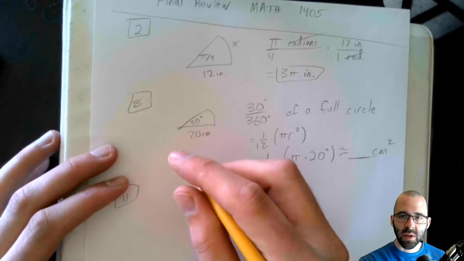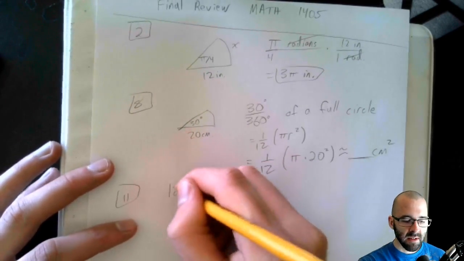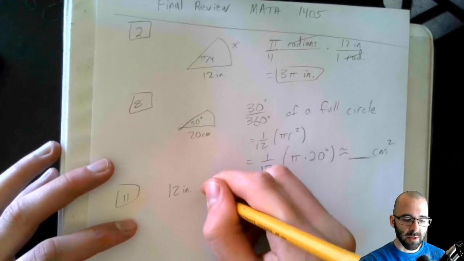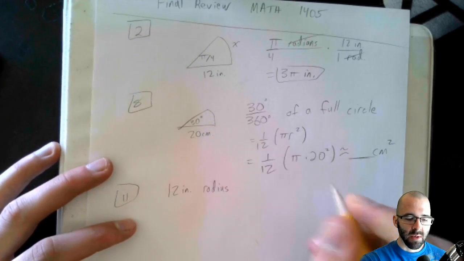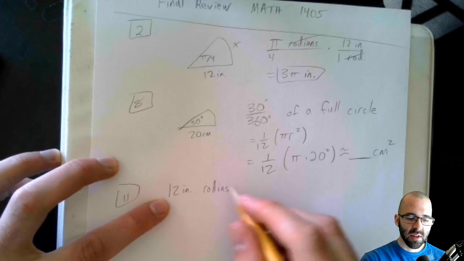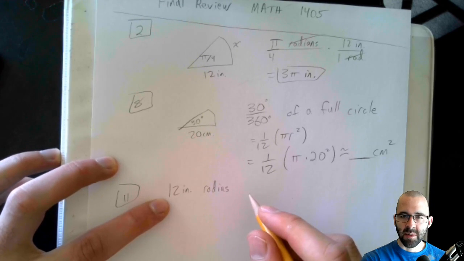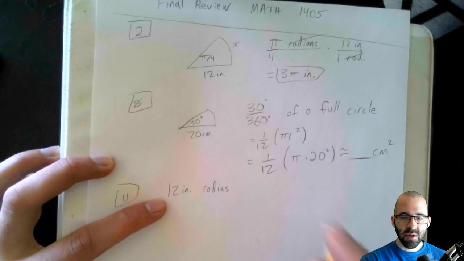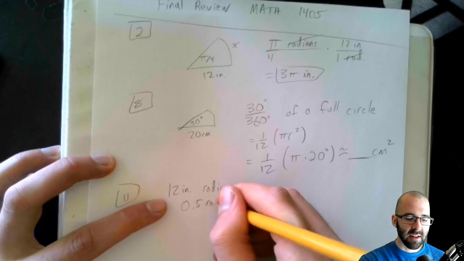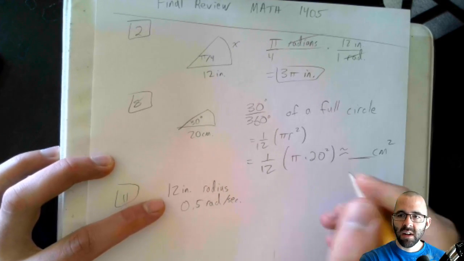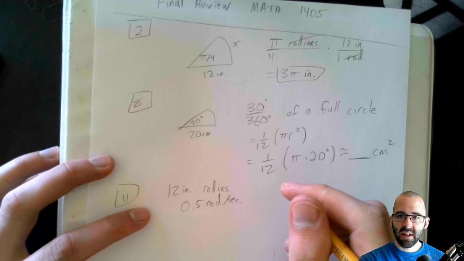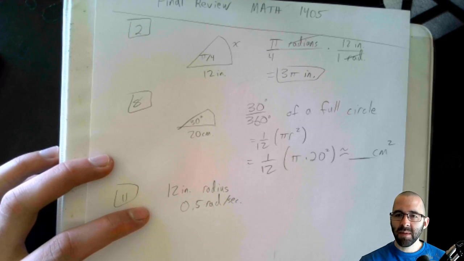11 says we have a wheel with a 24-inch diameter, right? That is a 12-inch radius. Radii are much more useful than diameters. And it's rotating at 0.5 radians per second. Question is, what is the linear speed? What is it in RPM?